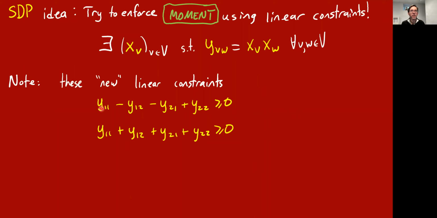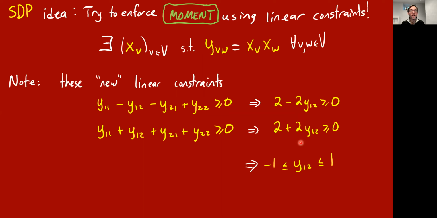And notice actually that this inequality here, since we also know that one of our constraints is that y12 equals y21, and another is that y11 equals 1 and y22 equals 1, these imply that 2 minus 2 y12 is non-negative. Similarly here, and together these imply that y12 is at most 1 and at least minus 1.